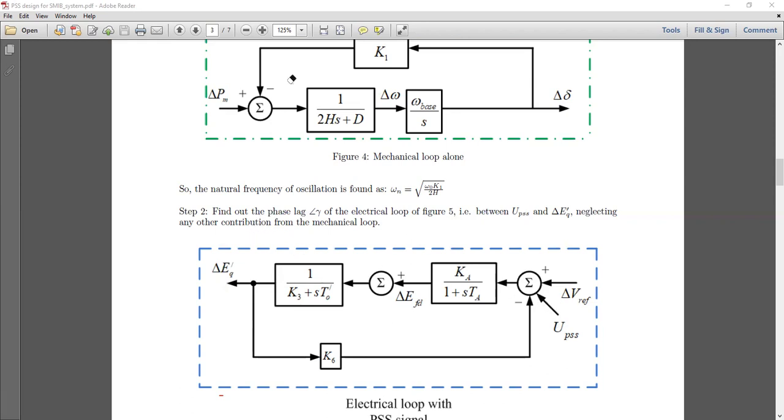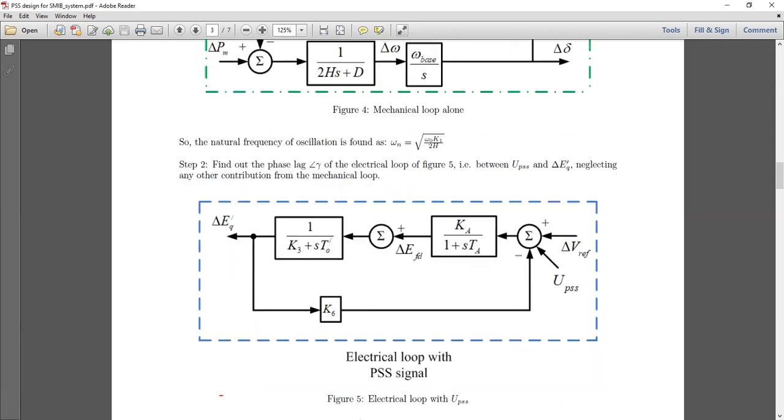And in figure 5, this is the electrical loop with the PSS signal. We are interested in the transfer function between this EQ dash as the output and this UPSS as the input, or in other words, between this summing junction and this output variable EQ dash.